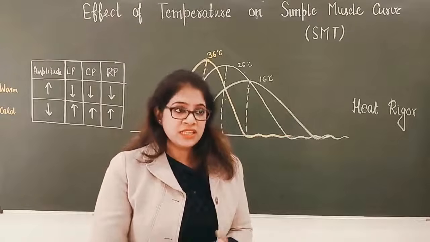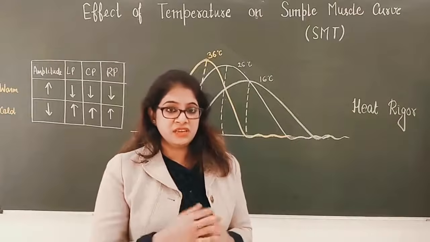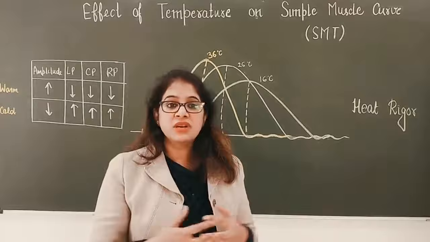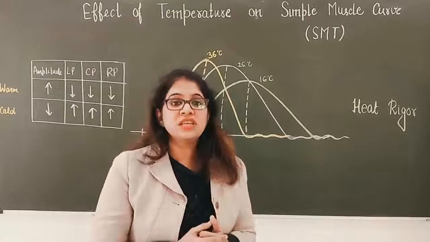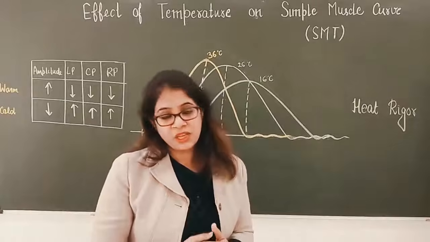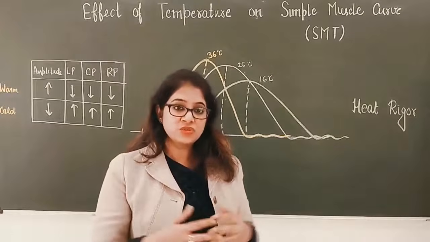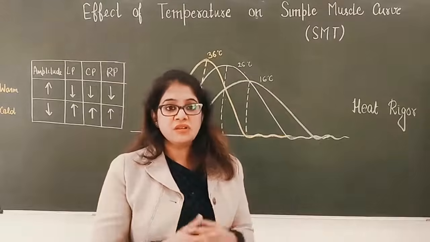Okay. What else? On increasing temperature, the viscosity of the media in which actin and myosin are contracting decreases. This viscosity was creating a kind of resistance for them. So resistance has decreased, and because of that, contraction of the actin and myosin has become faster.